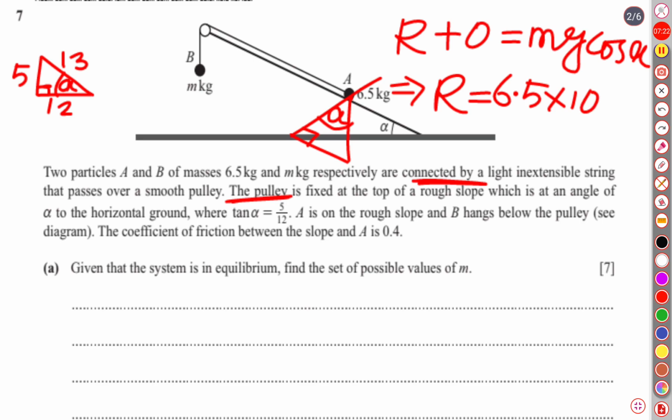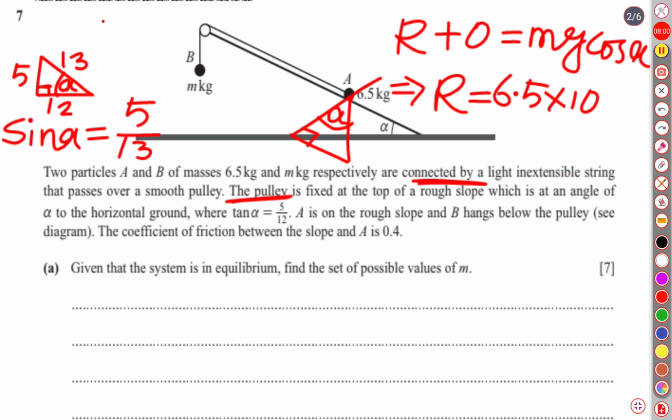and now we will find cos alpha. Sine alpha is equal to 5 over 13. That means the vertical side or opposite over hypotenuse.